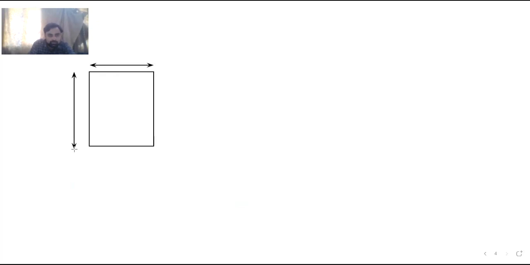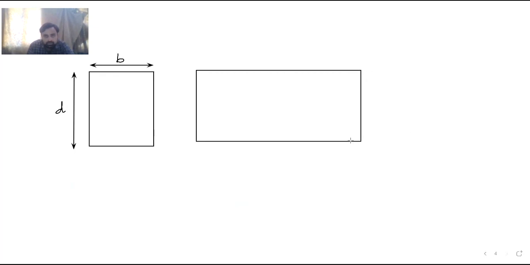So I will draw one diagram, so that it will be clear to you how exactly the stresses behave. Suppose this is the cross section of the beam. This is the width B. This is the overall depth D. Now, I draw the length of the beam over here.